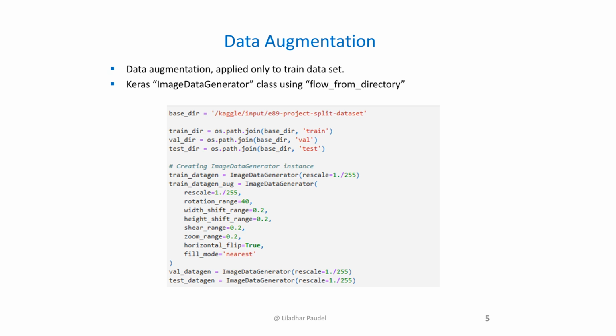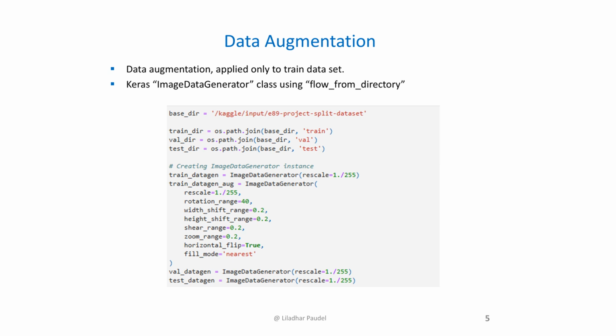I also applied another method, which is called data augmentation. When the data set is very small, there is always a chance of overfitting. To mitigate the chance of overfitting, we have to do something, and one method is augmentation. This artificially increases the volume of the training images.